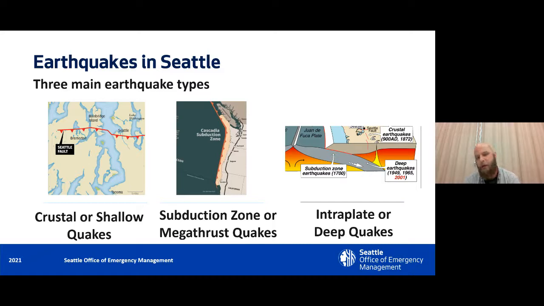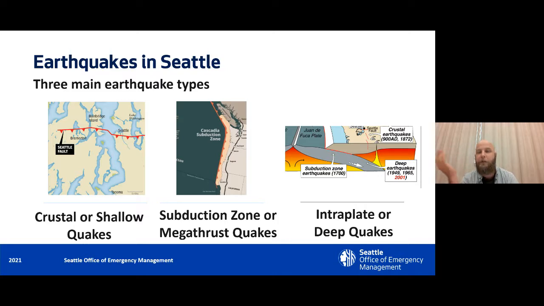Our most common type of earthquake is an intraplate or deep quake. So this is the one we're talking about on the far right there. You can see some numbers there on that graphic of deep quakes. The most recent one was 2001, so that was our Nisqually earthquake, but also had quakes in 49 and 65. So we typically see these every 50 years or so.